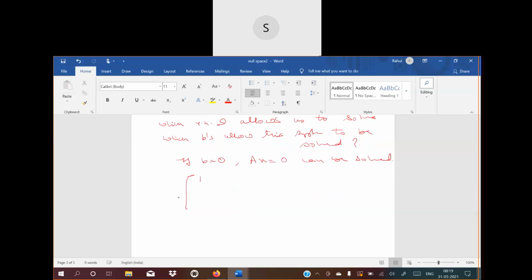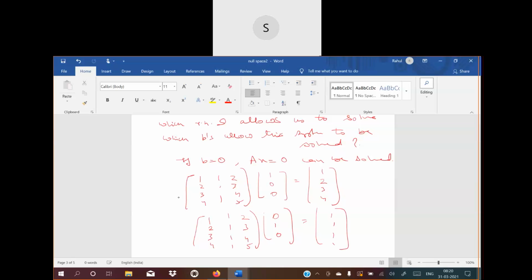If I take x as 1 0 0, then this is the first column 1 2 3 4 multiplied by 1, which is equal to 1 2 3 4. Or if I take x as 0 1 0, it gives the second column, 1 1 1 1.